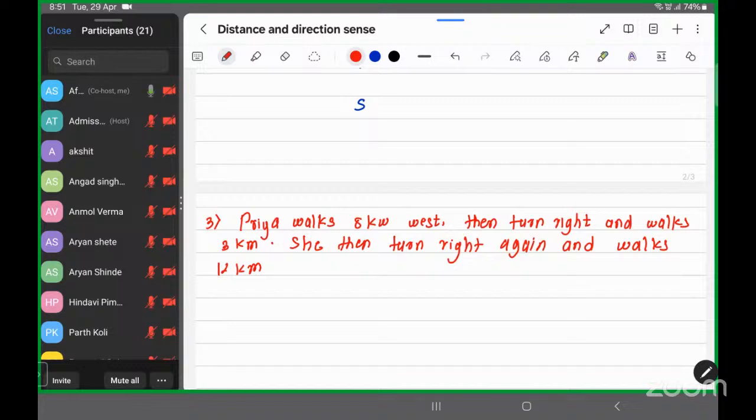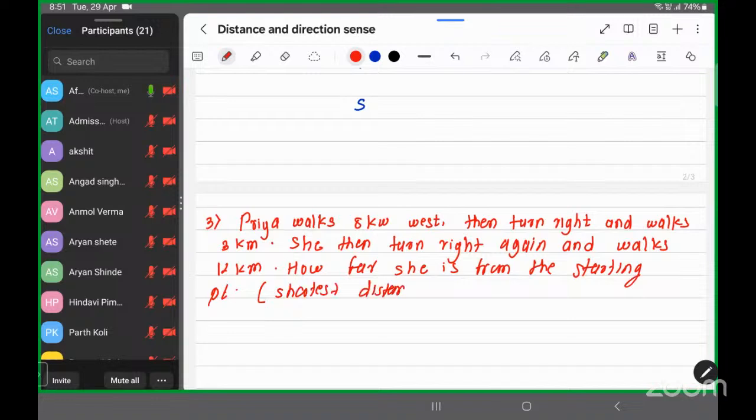How far is she from the starting point? In the question it is mentioned that we need the shortest distance.